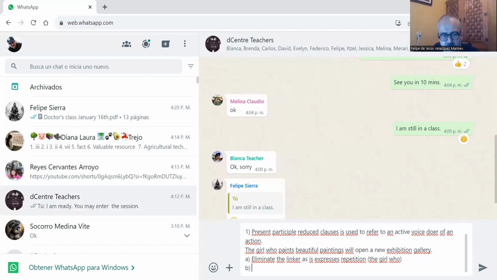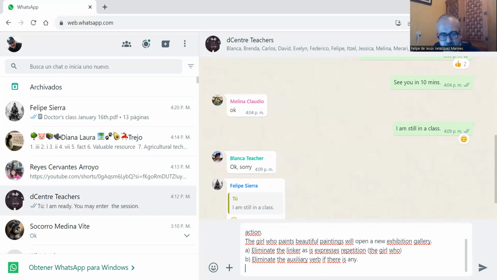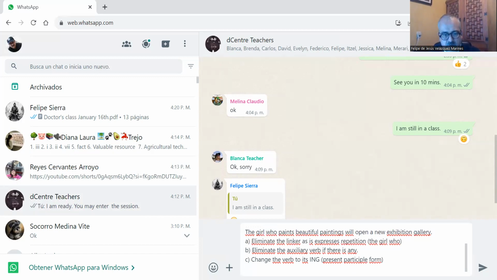Then eliminate the auxiliary verb if there is any. Okay, here we don't have it. Then change the verb to its ing, so present participle form. Okay, so then we will have this.